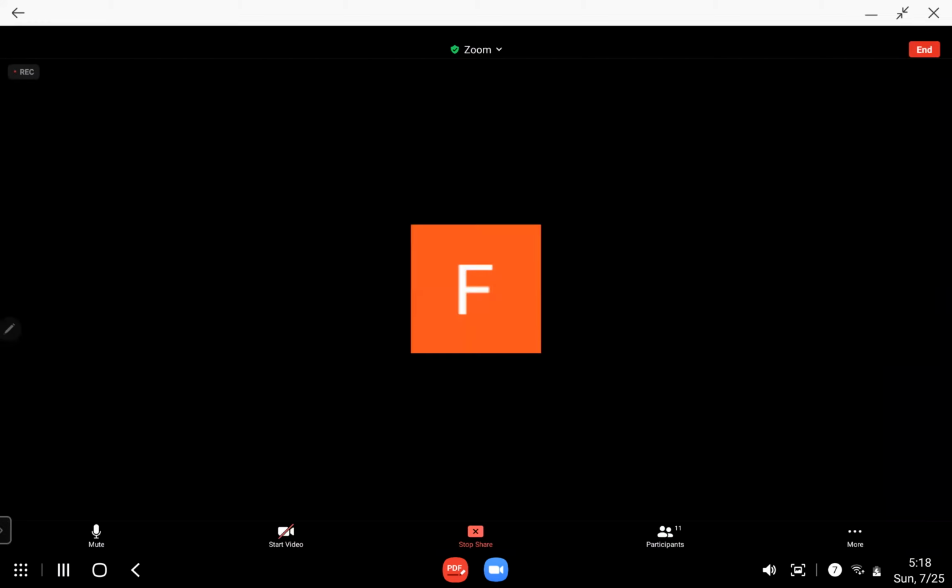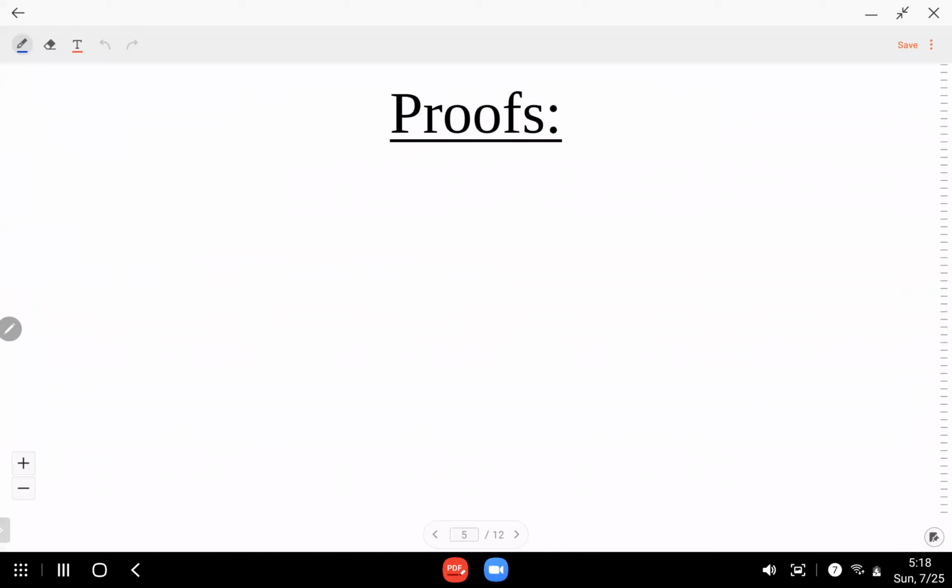Okay, so proofs. How are we going to go about proving these? Okay, so this is in general for all theorems. Number 1, we cannot prove by examples.